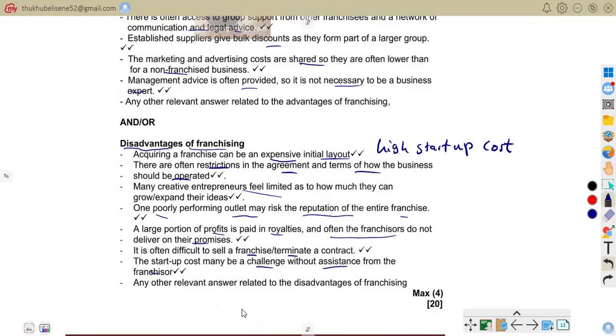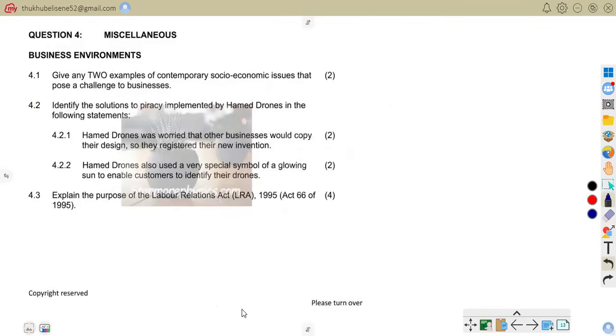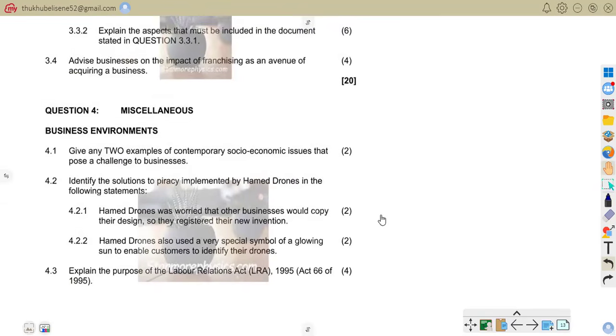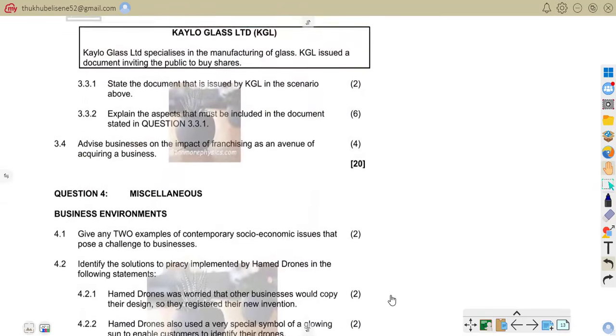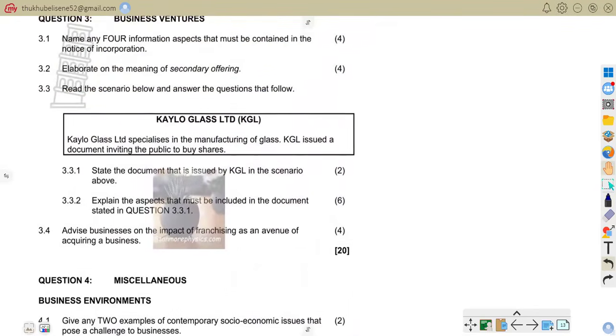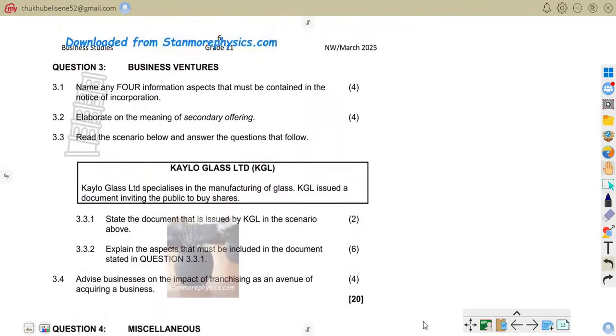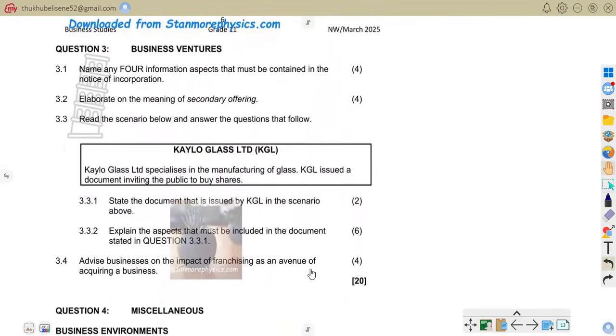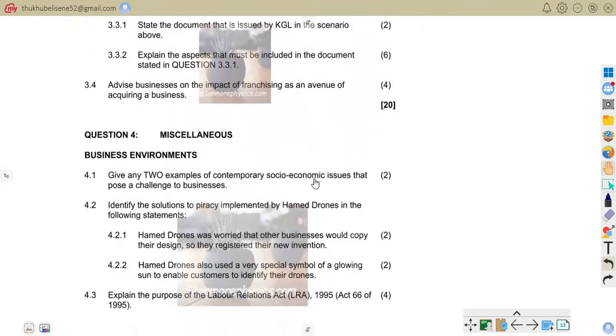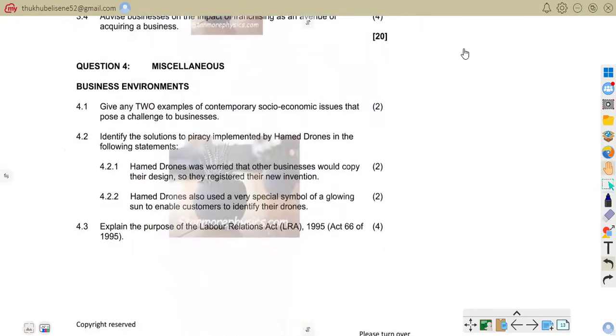So now we have to attend to question 4, as we are done with question 3.